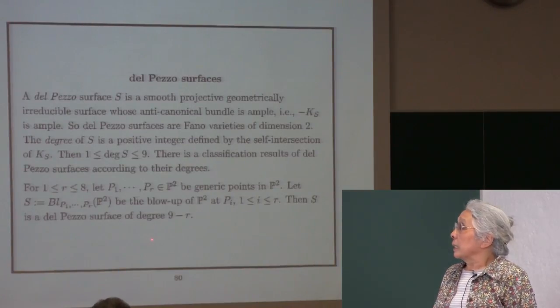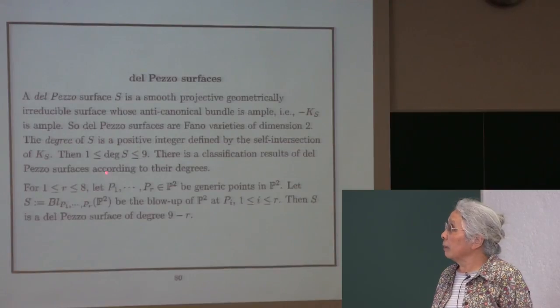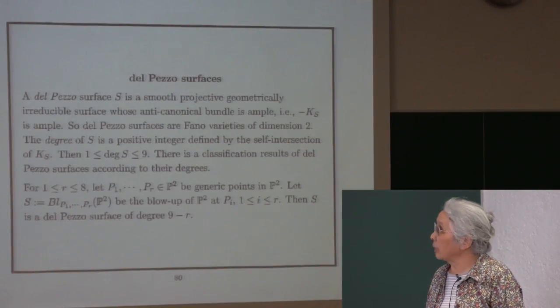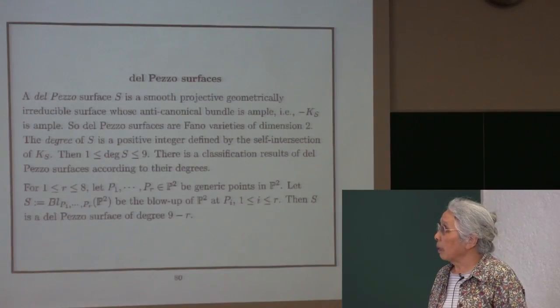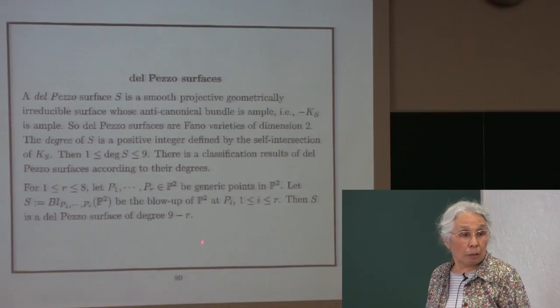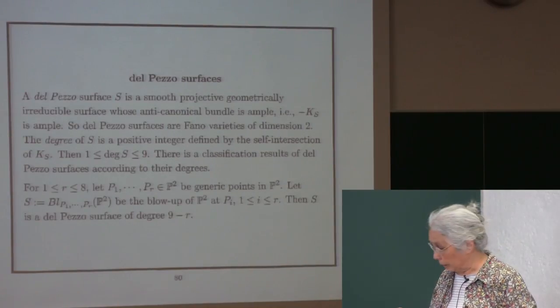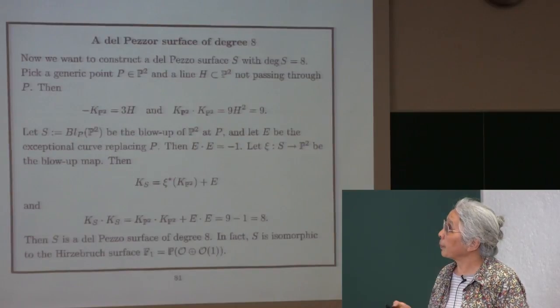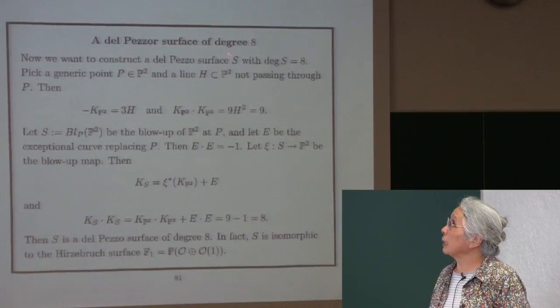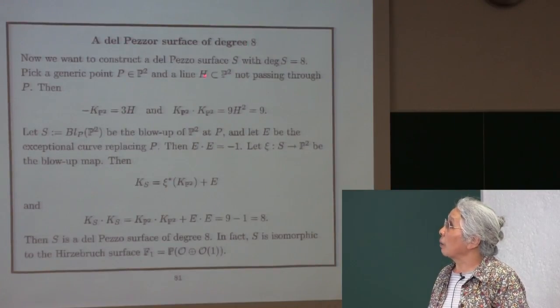So I want to consider the del Pezzo surface of degree 8. That means r equals 1, so you just blow up P2 at one point. That's what we want to consider.